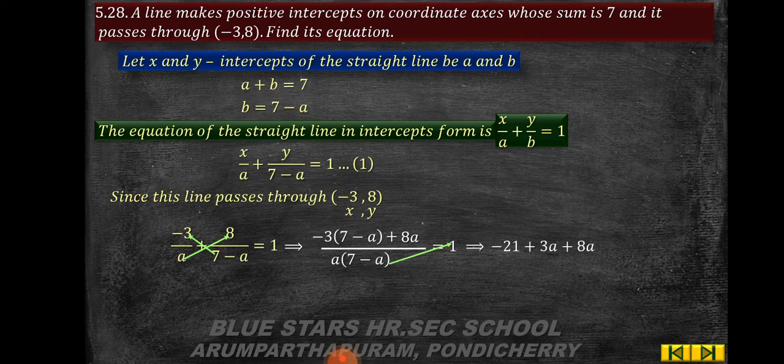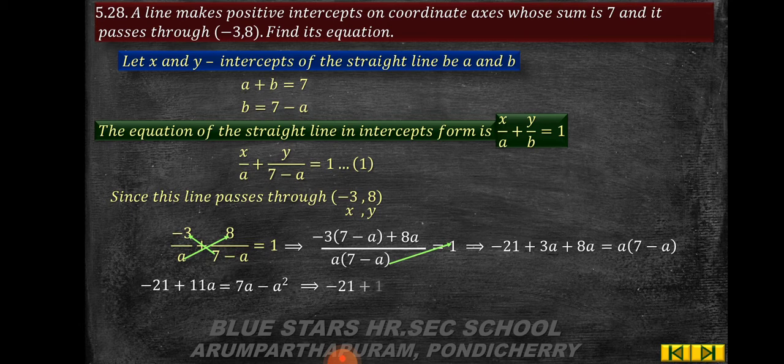If you cross multiply, you get minus 3 into 7 is minus 21, then minus into minus plus 3a, plus 8a, which is equal to a into (7 minus a). Minus 21 plus 3a plus 8a is plus 11a, which is equal to a into 7 is 7a minus a square.